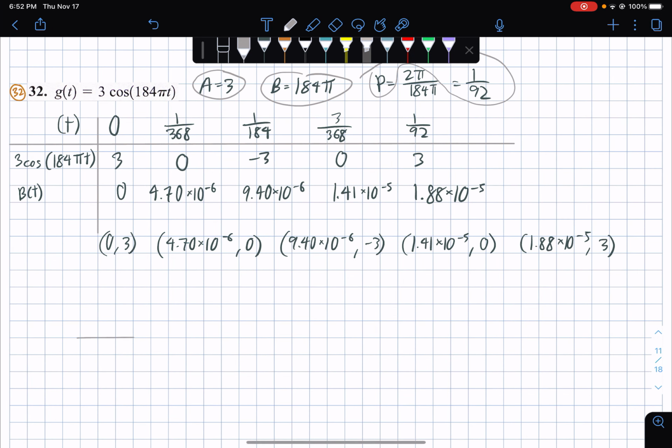Okay, now let's graph. 0, 4.70 times 10 raised to negative 6, 9.40 times 10 raised to negative 6, 1.41 times 10 raised to negative 5, 1.88 times 10 raised to negative 5.